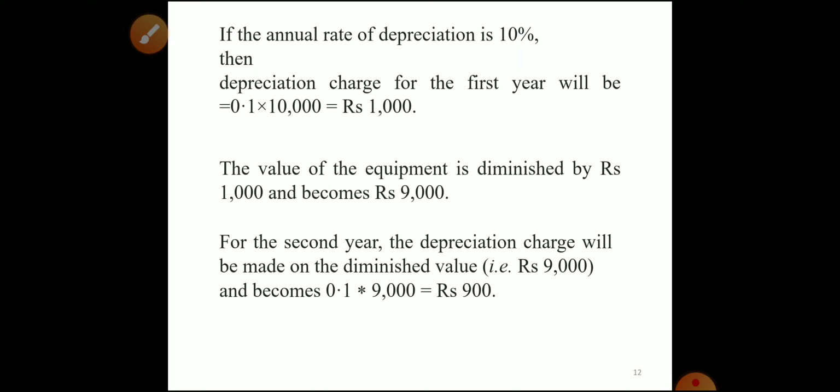For the second year, the depreciation charge will be made on the diminished value, meaning the decreased value. The initial cost of the equipment was 10,000. At the end of the first year, its value decreases to 9,000. For the second year, the depreciation charge is 10% of 9,000, which is 900.